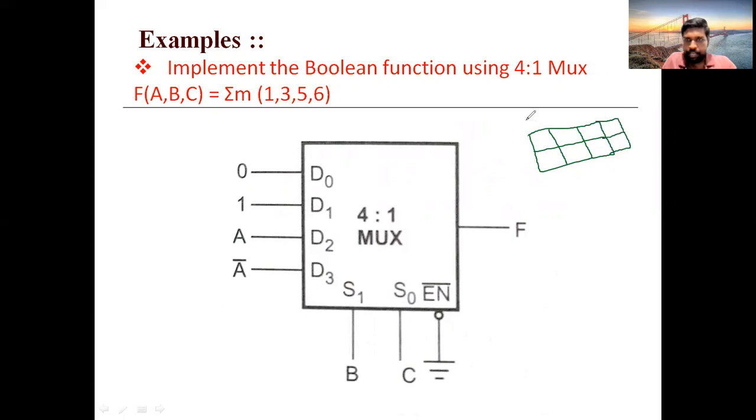And I assigned here D0, assign here D1, here assign D2, here assign D3, and I selected A, the first input. You can take any one, B, C, that's your wish. I took A, so I will have the two combinations, A and A bar.